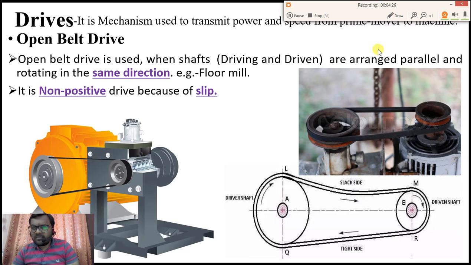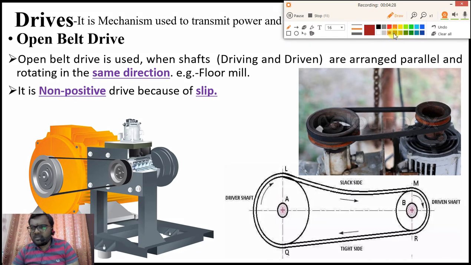When there is a chances of slippage of belt from pulley, then it is called as a non-positive drive. But if you see in this case, here pulley is having some groove, and in that groove belt is fitted, so there may not be any chances of slippage. So it is called as a positive drive. So whenever there is a chances of slippage, then it is called as non-positive drive. In belt drive again two types are there.